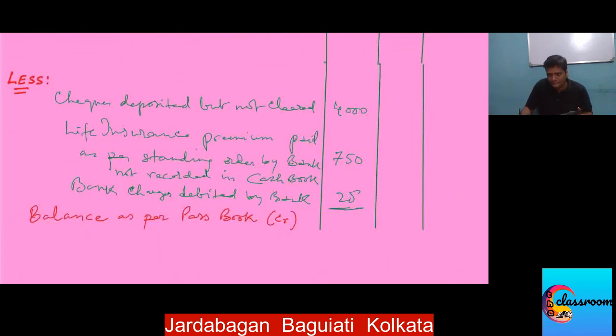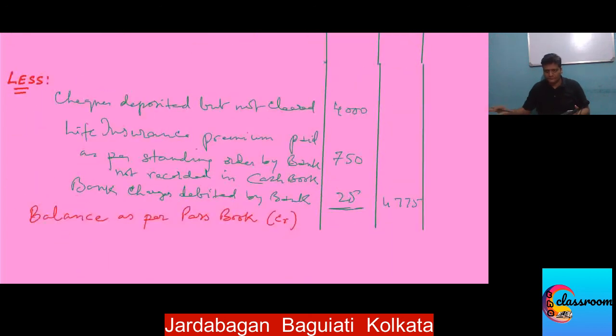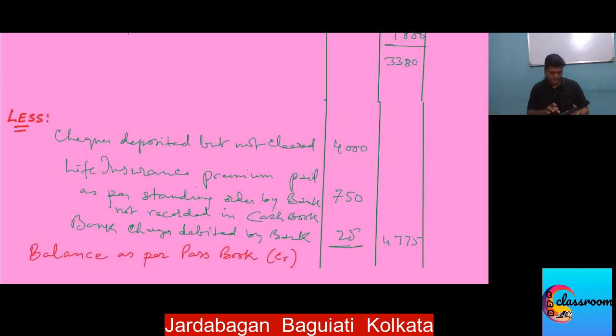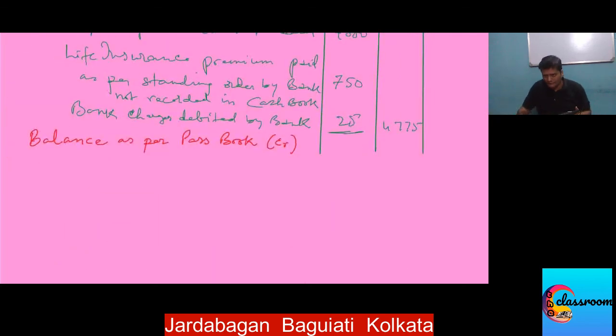The total of this is 4775. It is a negative figure, 1395. It is a negative figure.